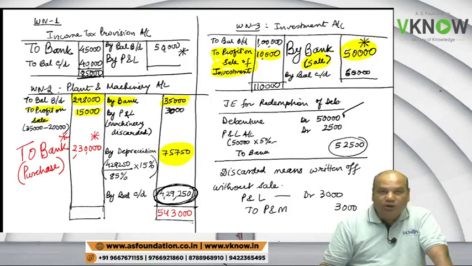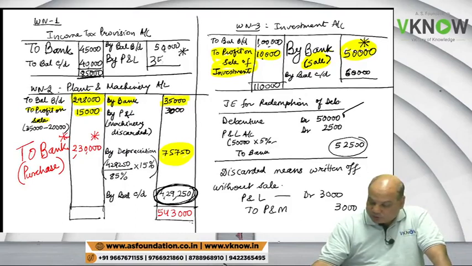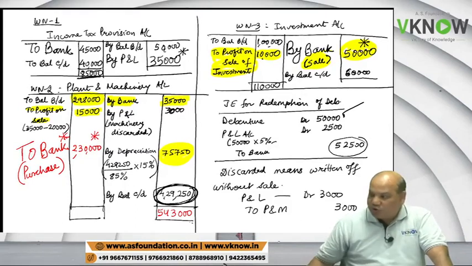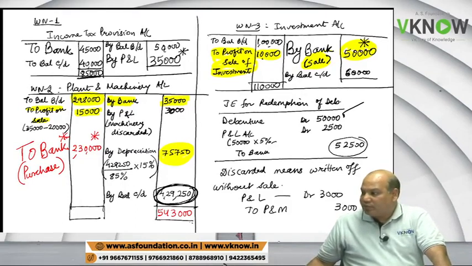Debit side total 85,000 minus 50,000. So balancing figure is provision for the current year 35,000. Check the answer so far.